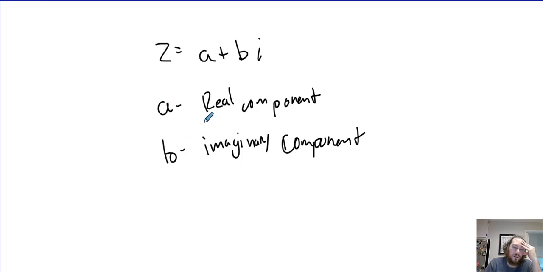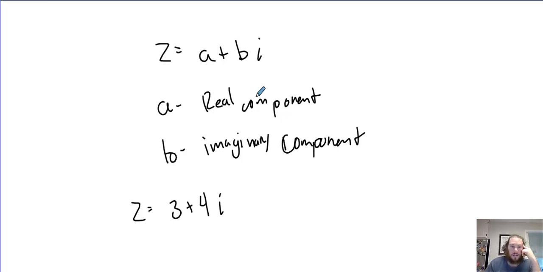Right, so we can represent complex numbers in terms of their real and their imaginary components. So, for example, the complex number 3 + 4i would have a real component of 3 and an imaginary component of 4.